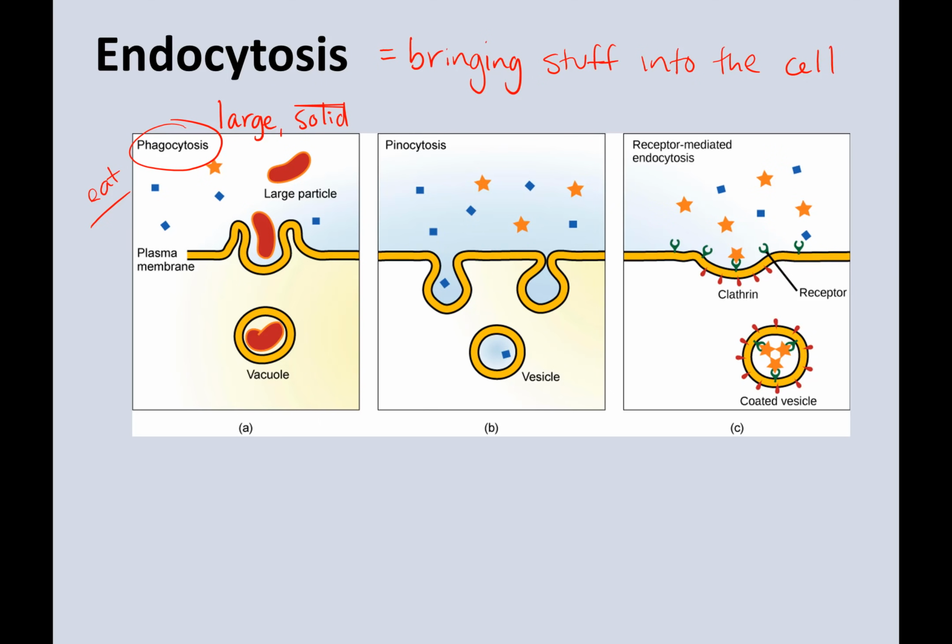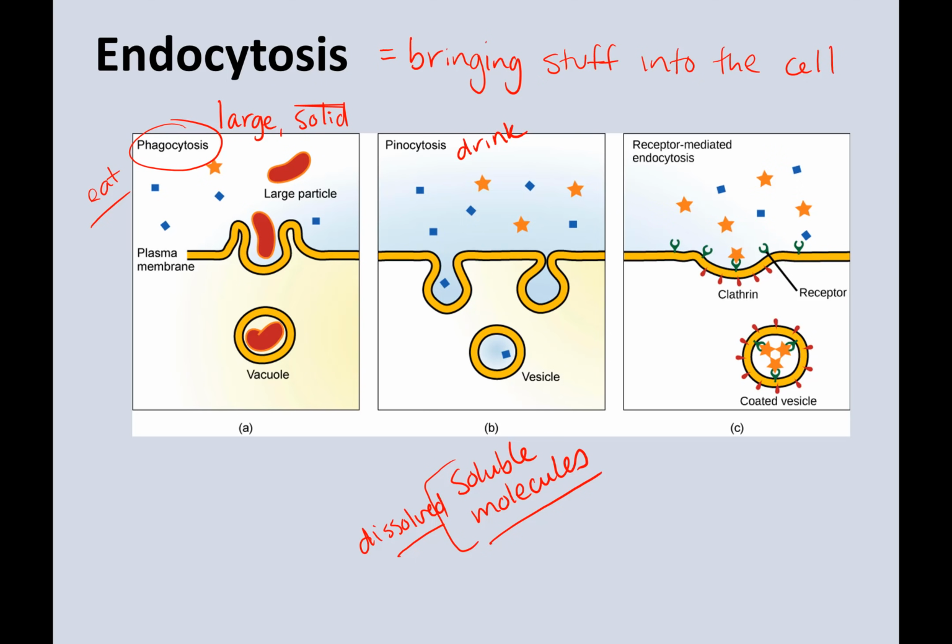Pino, or pinocytosis, I call it Pinot because then it reminds me of Pinot Noir wine. That reminds me it's to drink. So this is bringing in soluble molecules. So it's not just water, liquid, it's everything dissolved in that liquid. So our cells can get some nutrients this way.